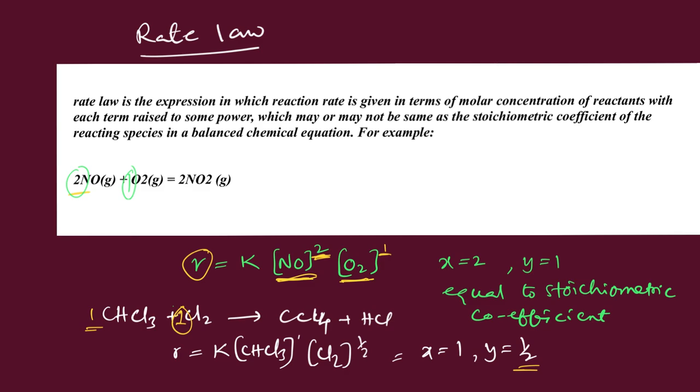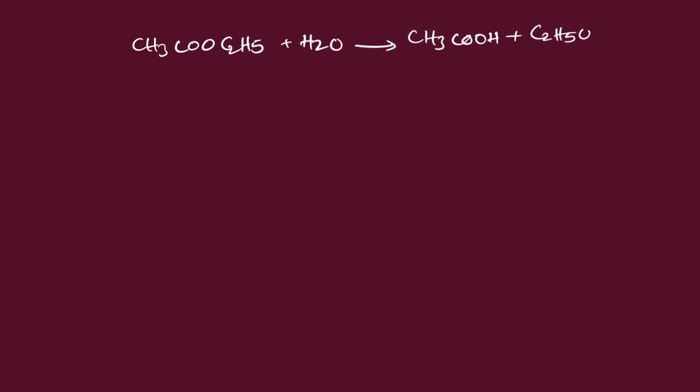One more example here, that is CH3COOC2H5 plus H2O gives rise to CH3COOH plus C2H5OH. Its rate law is given as rate equal to k [CH3COOC2H5] concentration and [H2O] concentration.